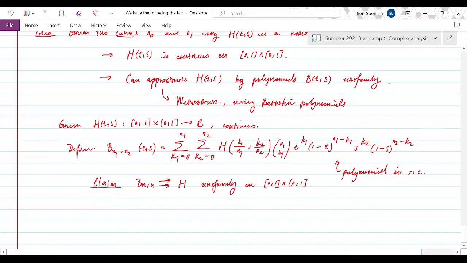These are called the Bernstein polynomials. As you can see, we're just chopping up the domain of H equally, sampling the values of H, and then multiplying by the appropriate parts. So what does that do for us?